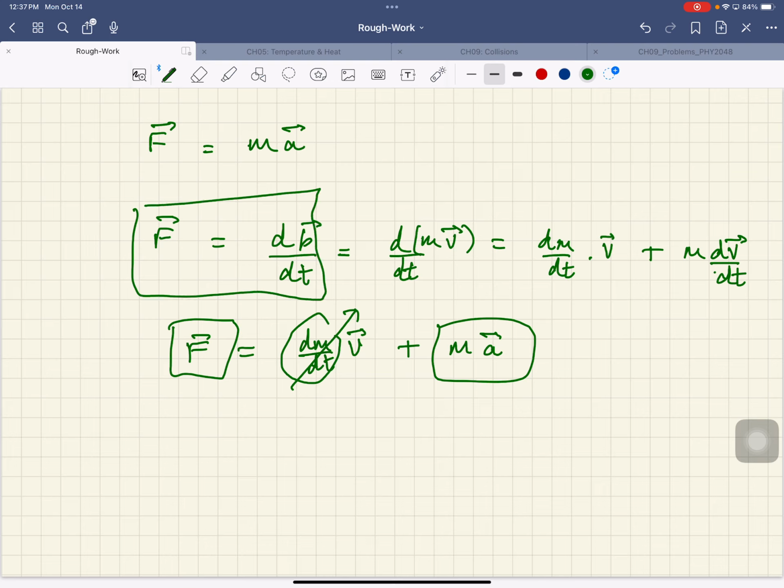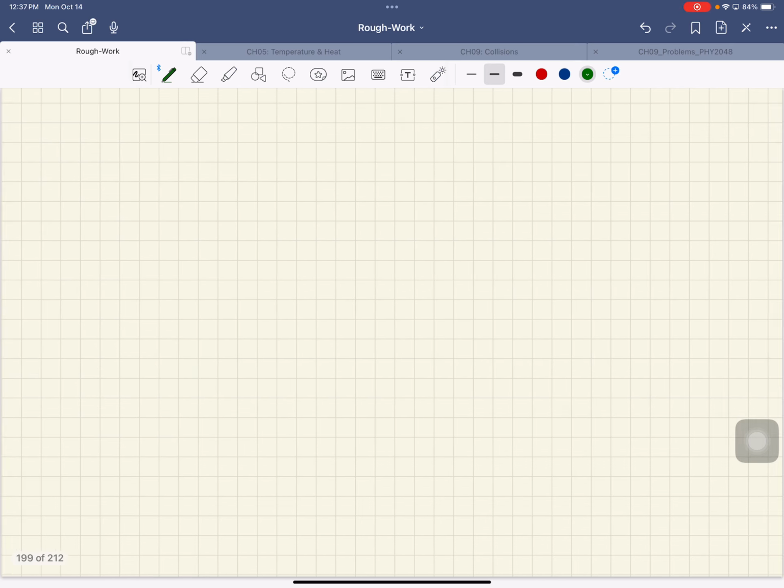That's why we are introducing linear momentum, because it'll be useful in several situations. Now here's another thing that you can handle. You remember from one of the previous chapters, how do I change the energy of this object?